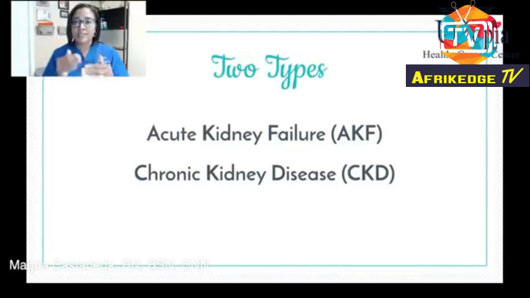So gradually, the kidney function will go down and down and down, and unfortunately, that one is non-reversible. Once we lose nephrons, that's it. Those are lost. We cannot regenerate new cells in our kidneys.